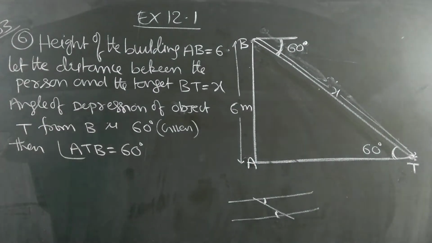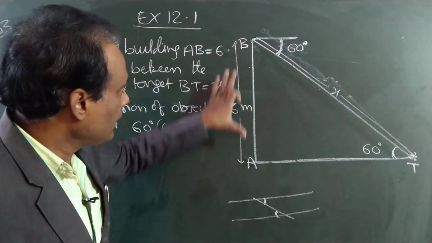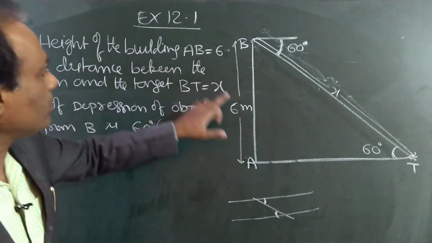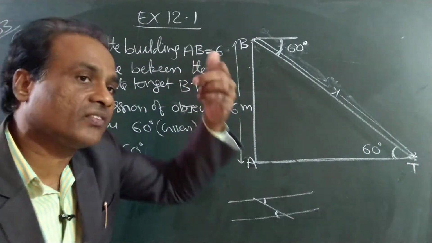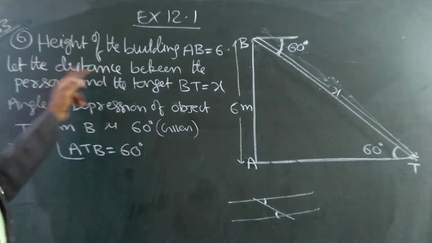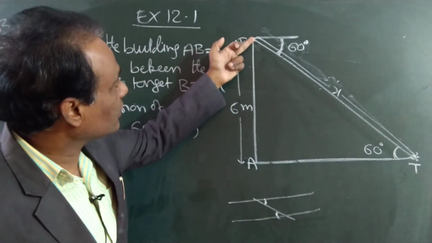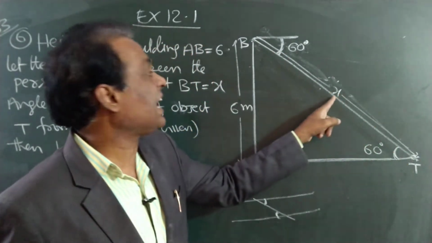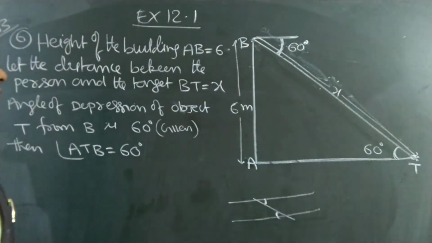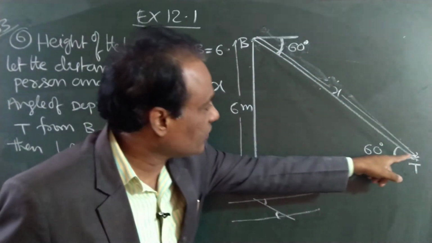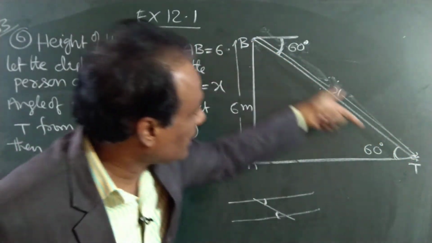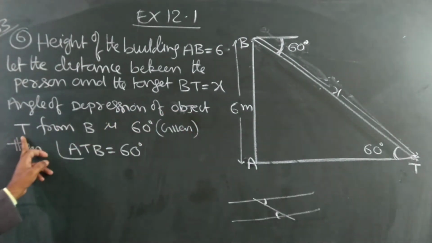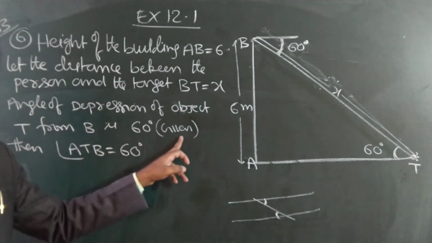Now, once again I will explain. AB is the building; the height of the building AB is equal to 6 meters, it is given. Let the distance between the person and the target, BT, be equal to X. We have to find X. The angle of depression of object T from B is 60 degrees.